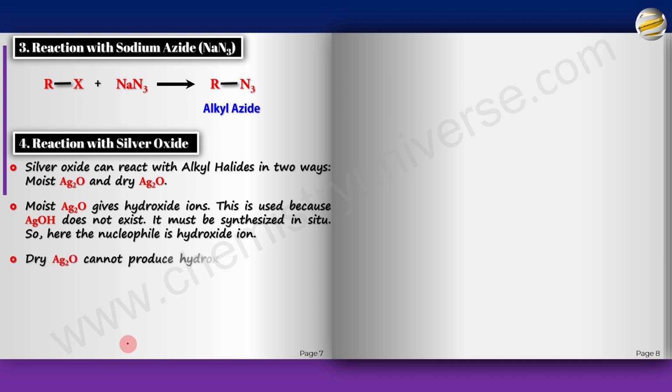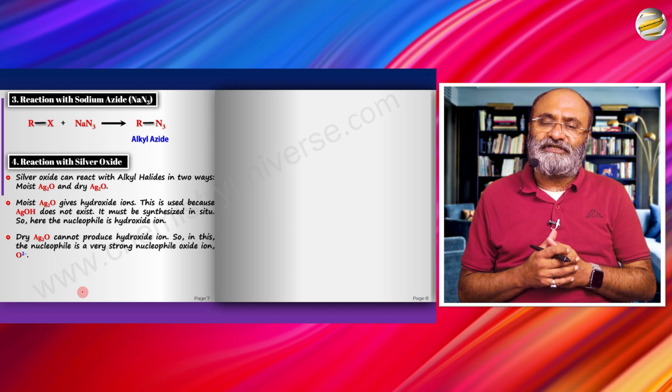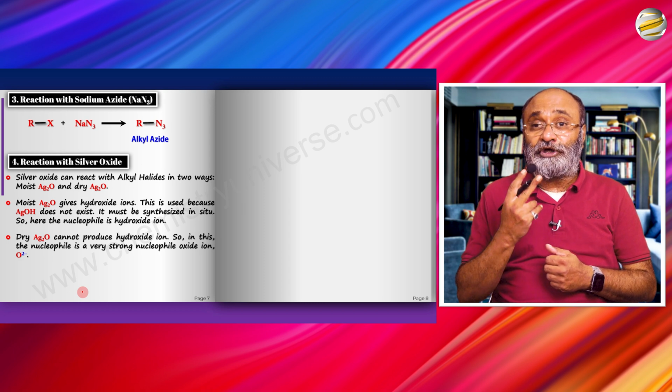Okay. Dry Ag2O cannot produce hydroxide ion. So in this, the nucleophile is a very strong nucleophile, oxide ion, which is O2 minus. So as can be expected, in dry Ag2O, you don't have AgOH. So the oxide ion O2 negative is the one which is going to act as a nucleophile. Remember, it has got a 2 negative charge.